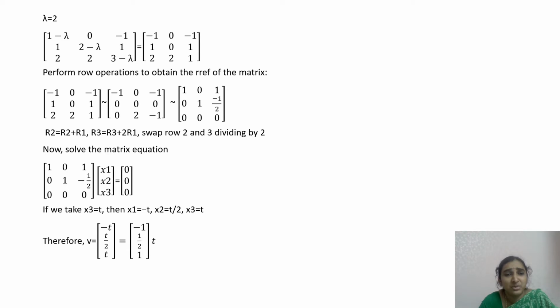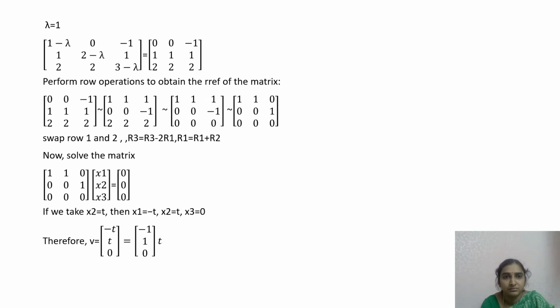This matrix multiplied with the column matrix x1, x2, x3 is equal to the column matrix 0, 0, 0. Let us take x3 equal to t, then x1 would be equal to minus t and x2 would be equal to t by 2. Hence our vector would be minus t, t by 2 and t.